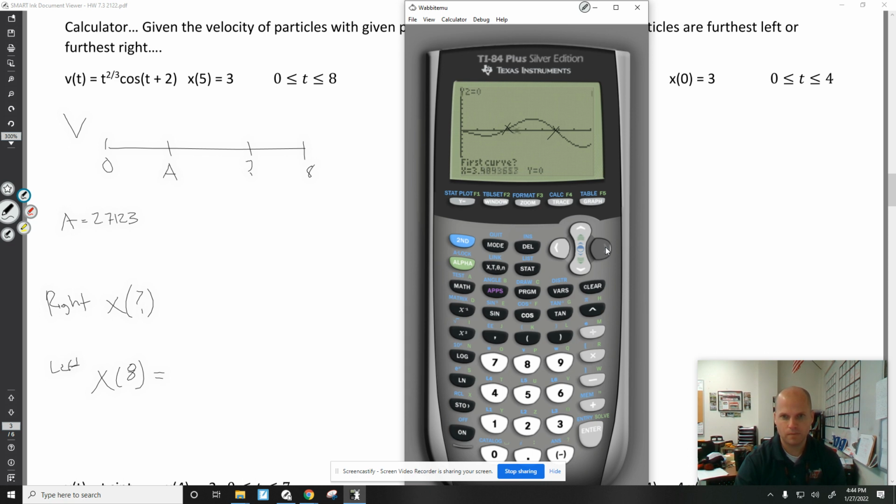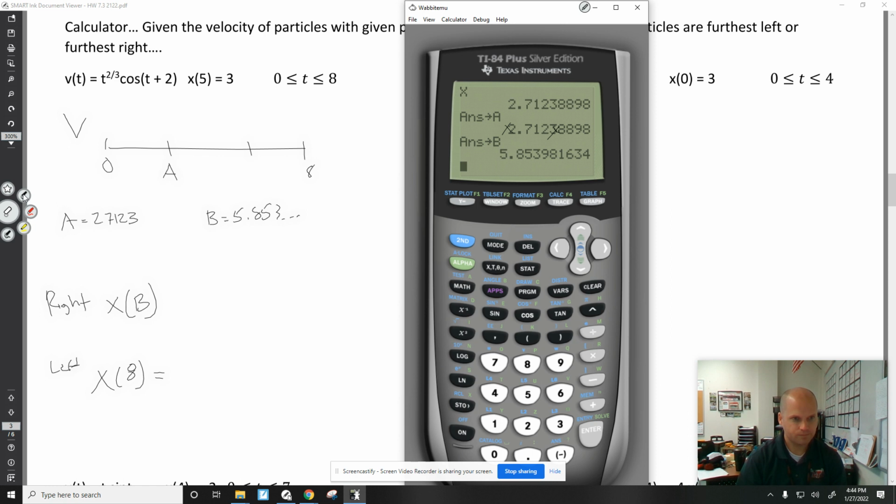I'm going to store that as B. 5.853. Store that as B. I think I'm furthest right at B. Furthest left at 8. Just make sure you list off the entire number.